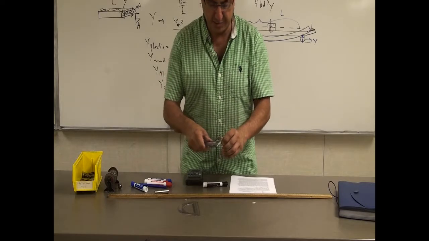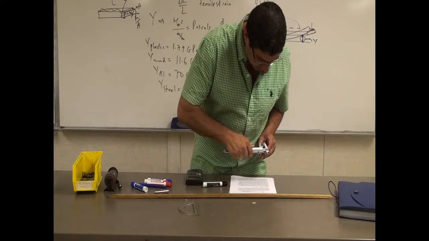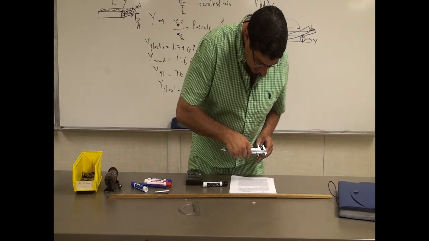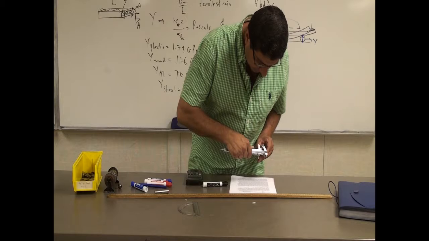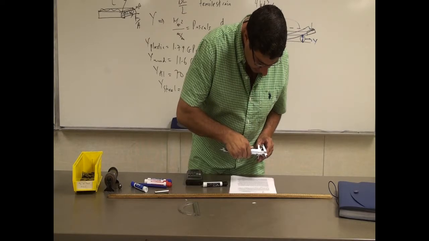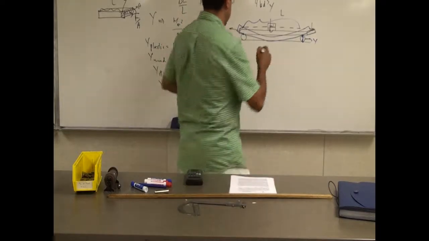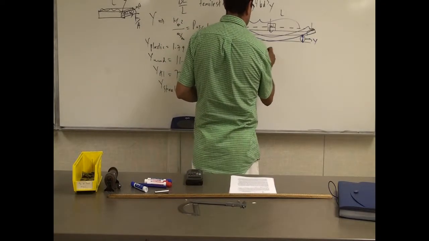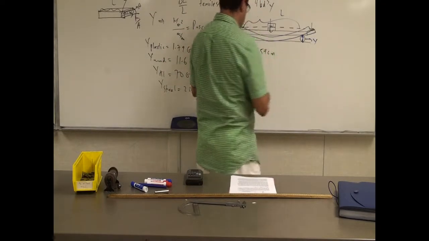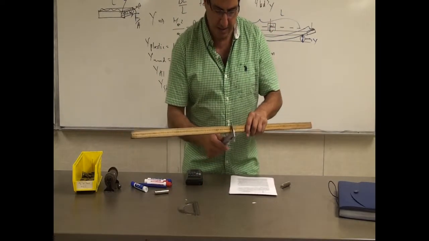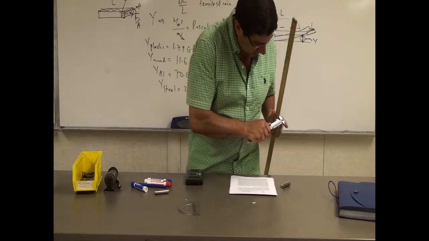And that's going to be my y value. That's 1.59 centimeters. That's my y. My thickness d is going to be the thickness of the ruler.